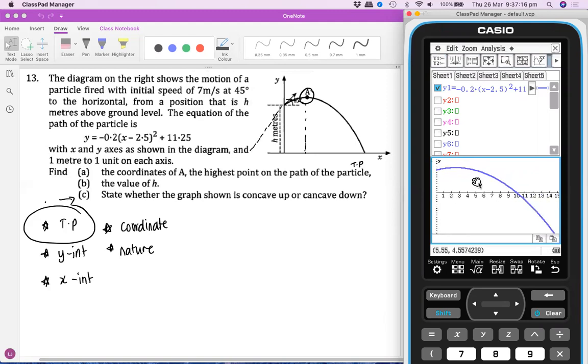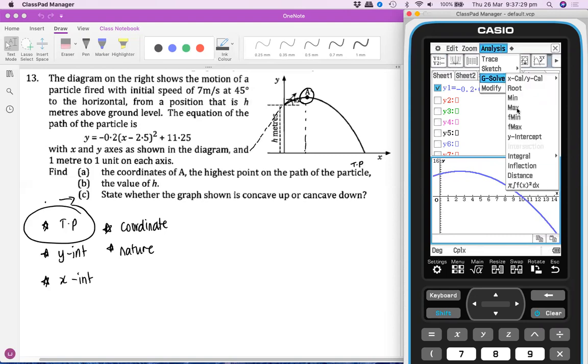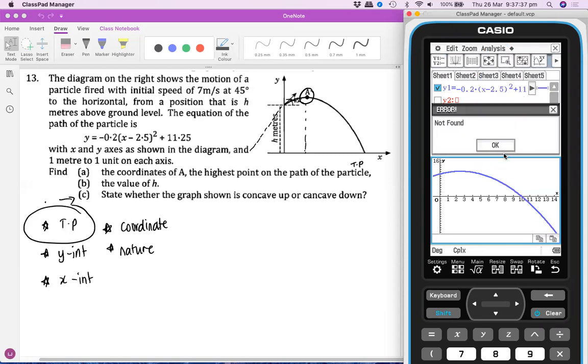Now we're going to find this turning point. We can use the Classpad and the graph to find that point. You're going to go analysis, G-solve, and I'm going to find my maximum, because we can see here this graph is a maximum graph, not a minimum one. If you try to press minimum, it's going to tell you it doesn't exist, because there's no minimum point since it goes down forever and ever.